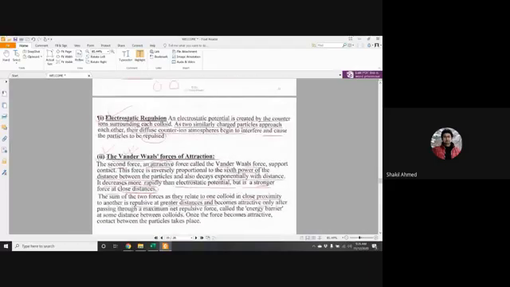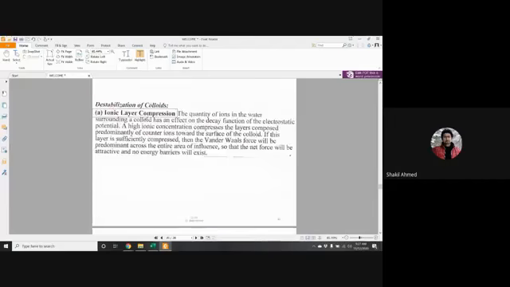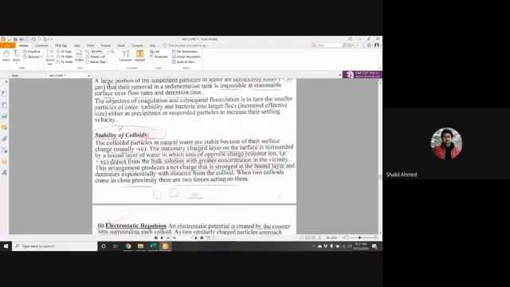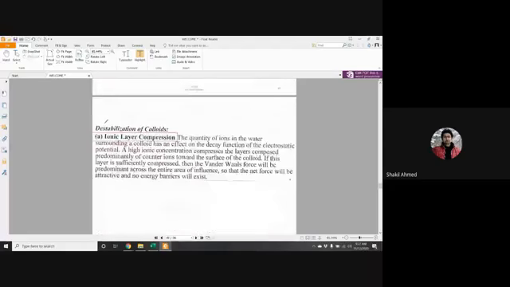And while looking at these mechanisms, we understood that if we can bring the particles close to each other, then this will dominate, and our water treatment or removal of particles will be efficient. So what we need to do is to destabilize the colloid. Make them unstable. That is destabilization of colloids.